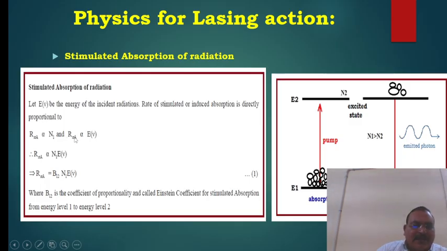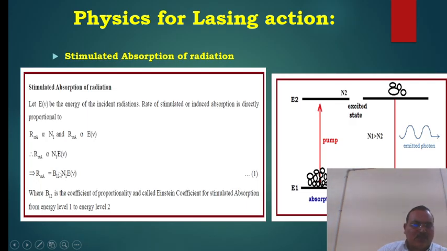And this rate of stimulated absorption is also directly proportional to the energy density, the energy of the incident radiation. It depends on both how many atoms there are and how many photons have come. Then collectively R_STA is directly proportional to N1 E nu, which implies R_STA equals B12 N1 E nu. B12 is a proportionality constant, a very important coefficient, the Einstein coefficient.